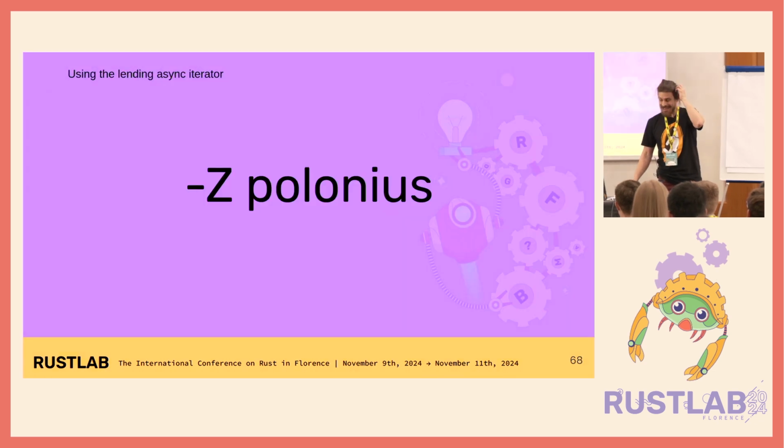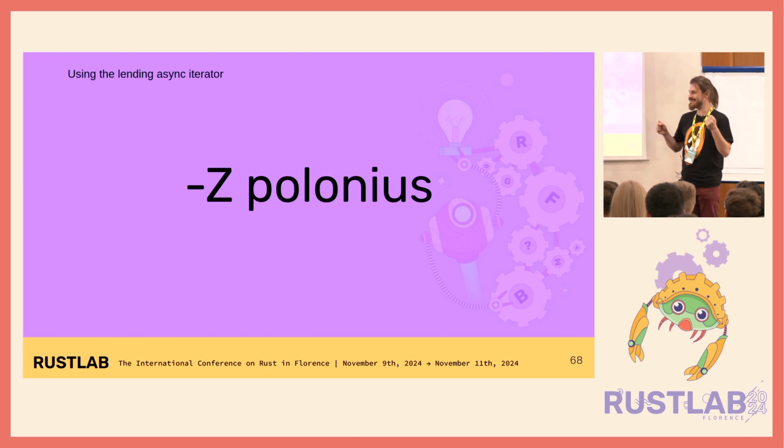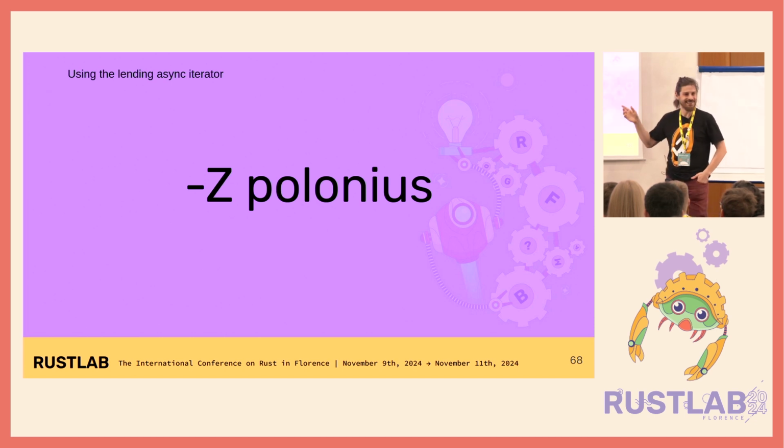Oh, the borrow checker is just wrong in this case. I'm sorry. We need the next generation borrow checker, Polonius. And you can try to activate it using RUSTFLAGS, passing -Z polonius.